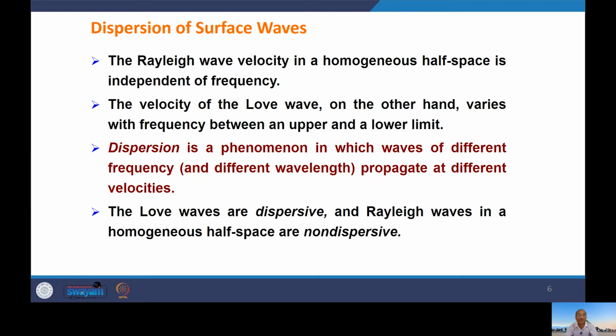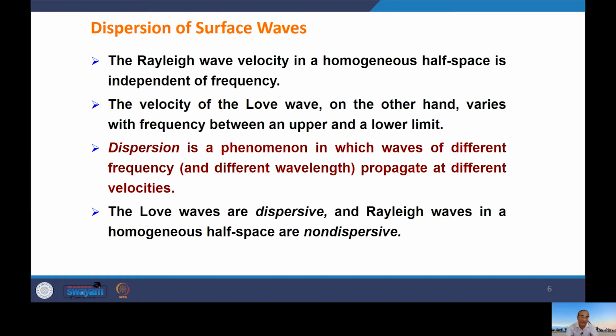However, the velocity of Love waves varies with frequency between an upper and lower limit. So irrespective of the type of medium, Love waves will be dispersive. Love wave velocity will change with frequency. On the other hand, Rayleigh wave velocity will remain constant in a homogeneous medium, but will change in a heterogeneous medium.